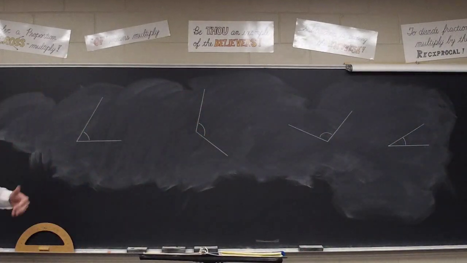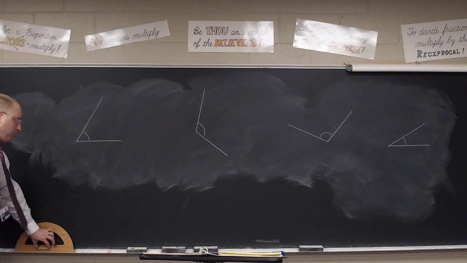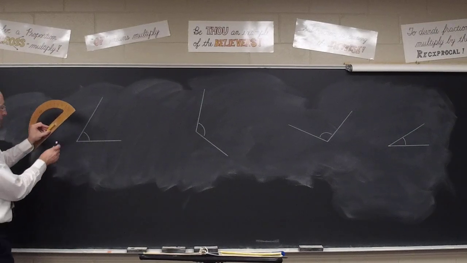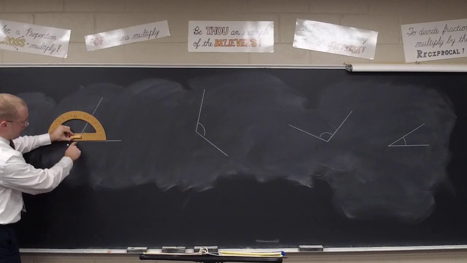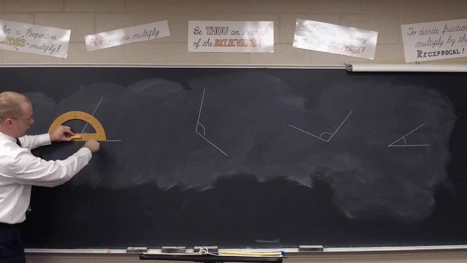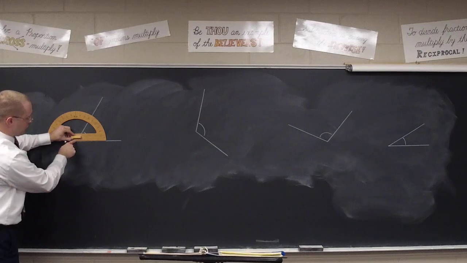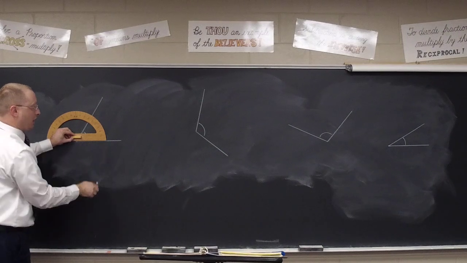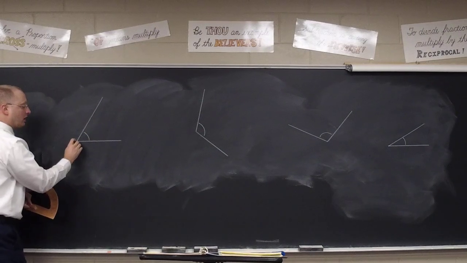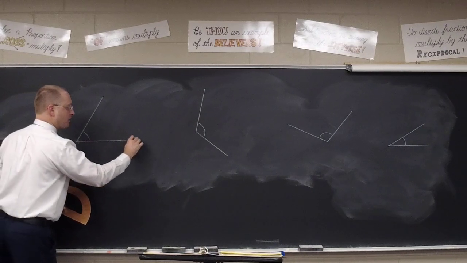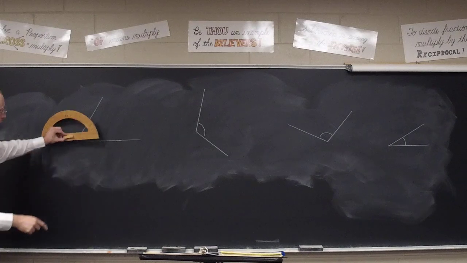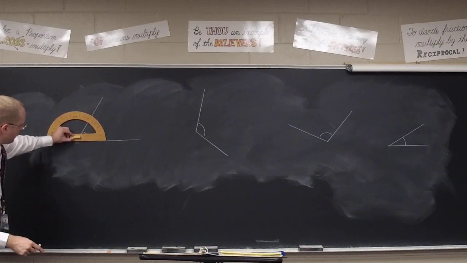Let me show you on the chalkboard how I use my chalkboard protractor. Very simply, I'm going to line up the vertex of the angle with this little black notch here. I'm going to line up the bottom edge of my protractor. So the vertex lines up here, bottom edge there. Now those with a hole, you're going to line up the hole. And those who have that line coming off, you're going to line up the line with that angle, as shown on page 153.